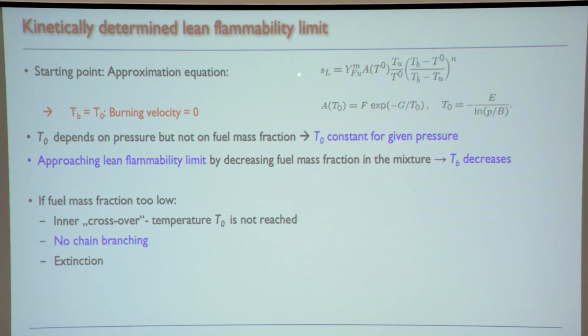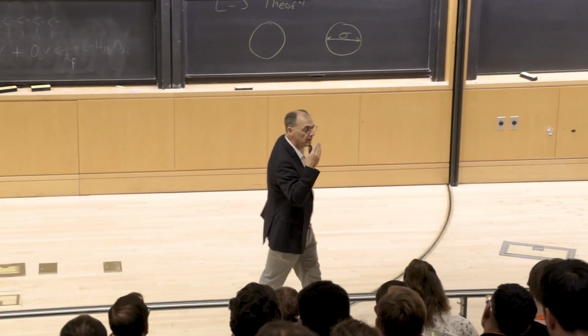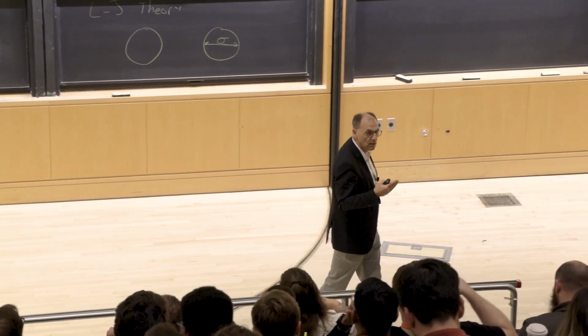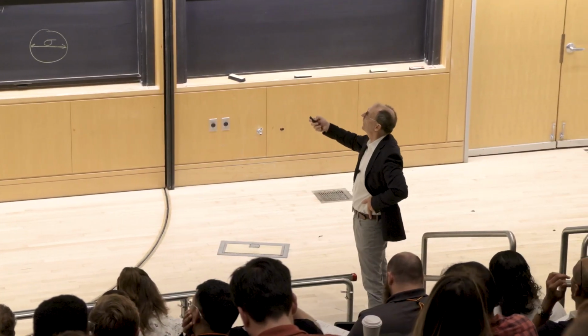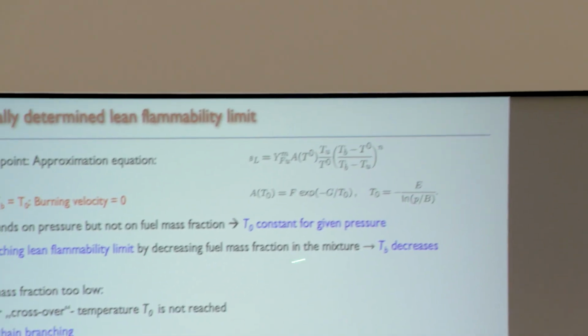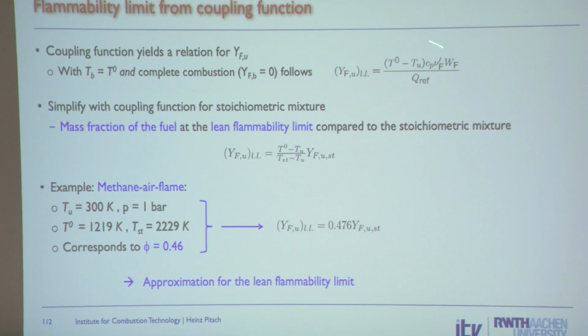And so we start out here, this is the function, and we say TB should be equal to T0. We know what T0 is for a given pressure, we can determine T0. And then we want to know what is the equivalence ratio where the mixture reaches that value of burn temperature. For that, we use the coupling function.